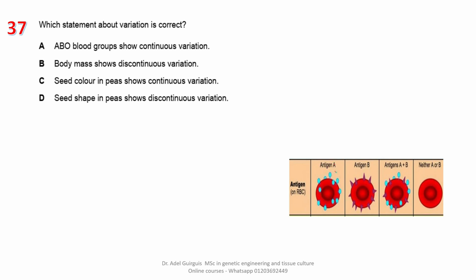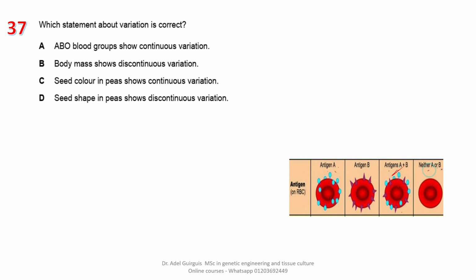Blood groups, ABO groups: antigen A for blood group A, antigen B for blood group B, antigen A plus B on the same red blood cell, both antigens found on the red blood cell membrane, this is the AB group.